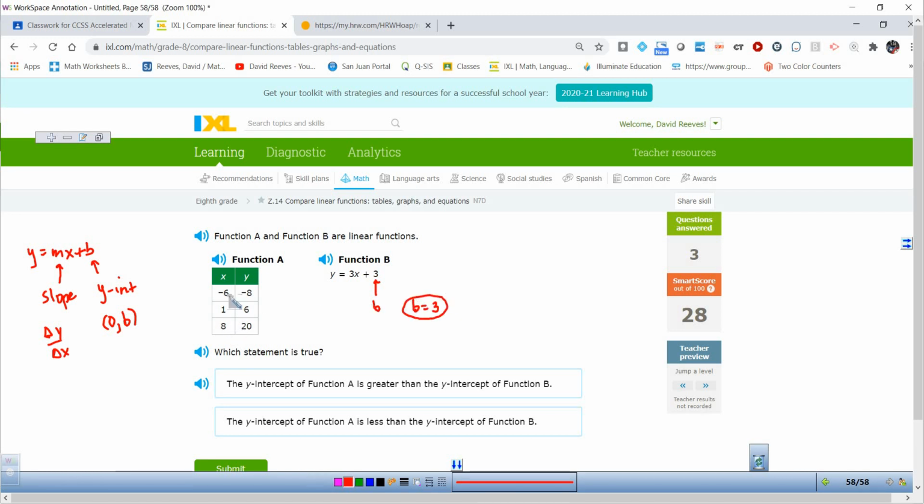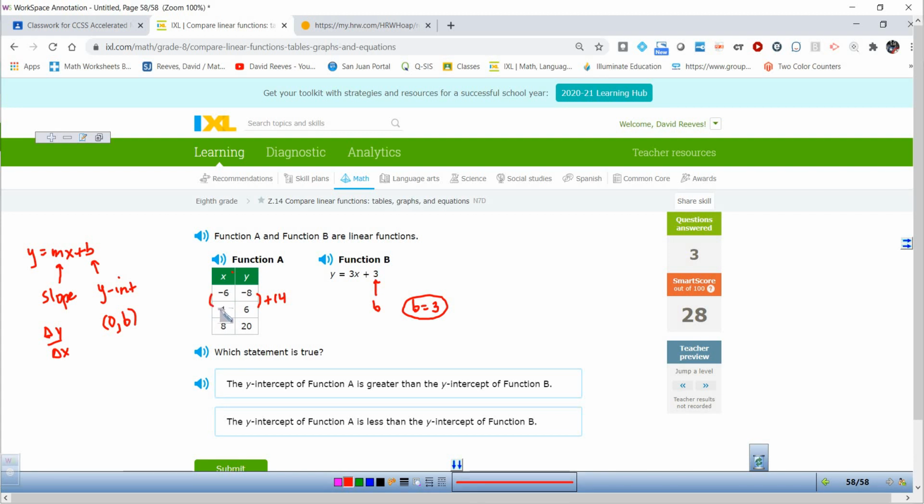Now, if we take a look at the table, we would want 0 to be in this table. So the problem is, unfortunately, 0 is not in the table. So we're going to have to find it another way. Let's see if we can figure out what the slope of this table is. From negative 8 to 6, that went up 14.